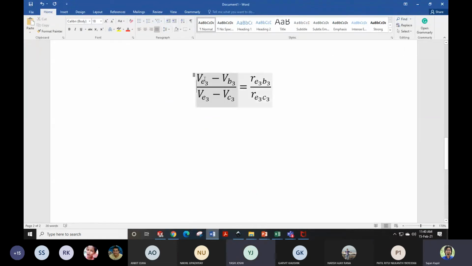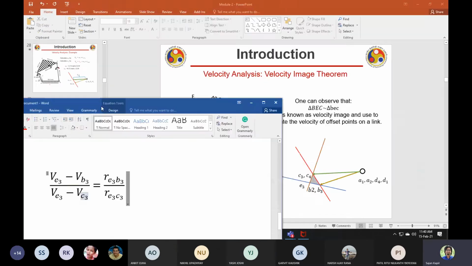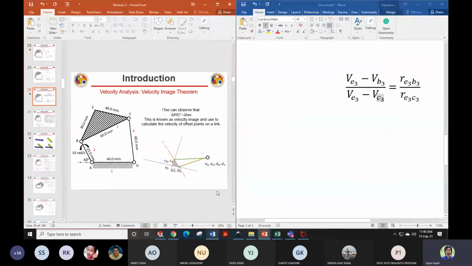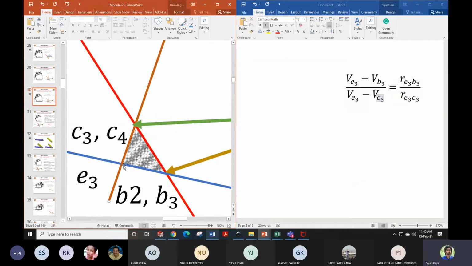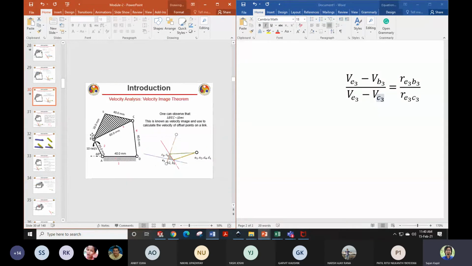The length of the smaller triangle. Very good. What is it representing? Velocity of E3 with respect to C3 is on the bottom. So basically this length on the blue side, from here to here, divided by this length, is nothing but this length divided by this length. Correct or not?